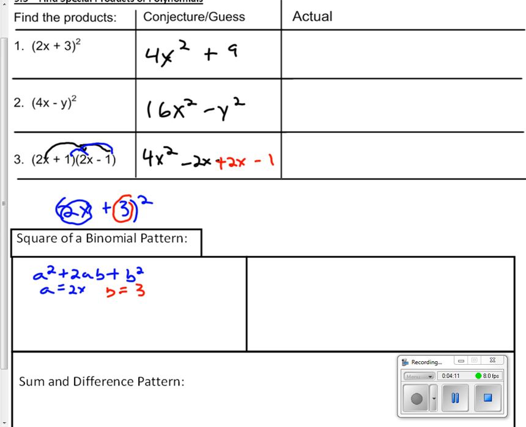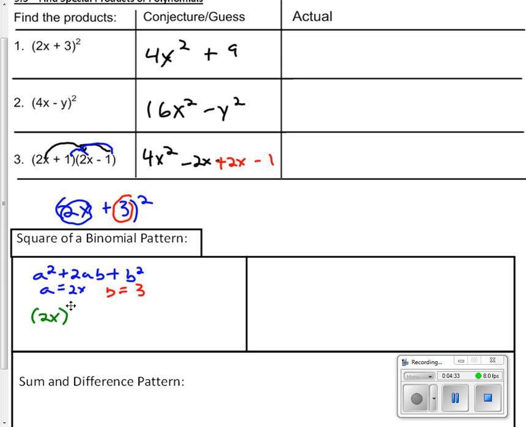And then I just really have to plug it into the pattern. So we have the a squared, we have the plus 2ab, we have the b squared. So that's the pattern that we're going to use, and all we have to do is plug this into the pattern. So I know that a squared, well, a is 2x, so I'm going to use substitution. I'm going to put this 2x in there. And you guys have done substitution in the past.